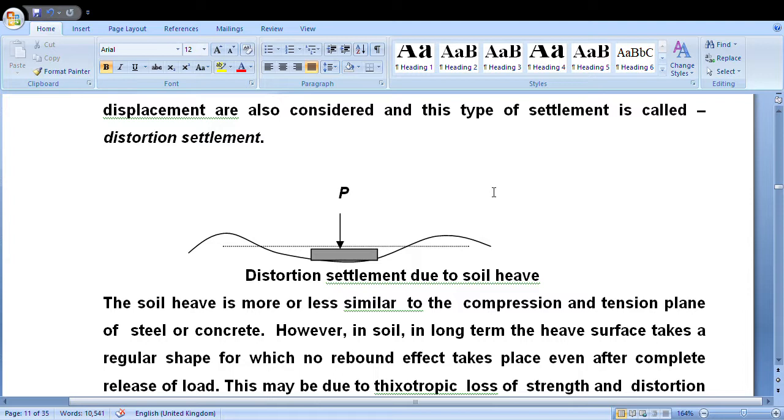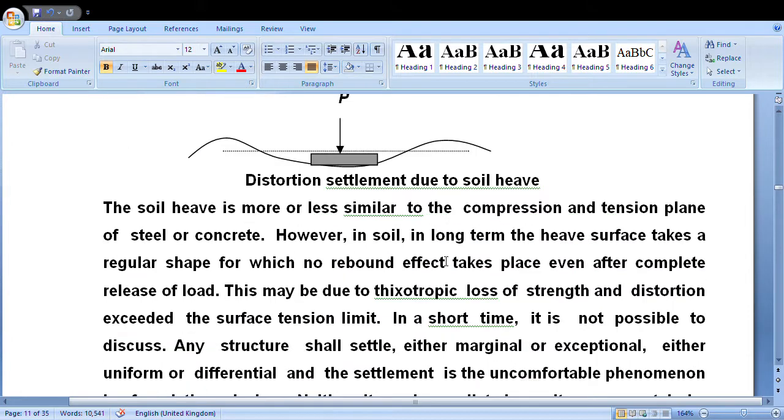That means this soil surface which was settled is coming up. And in our calculation, we have neglected the rebound. For our basic analysis, we are always neglecting the difference. Our computed settlement should be total settlement at peak load minus the rebound.